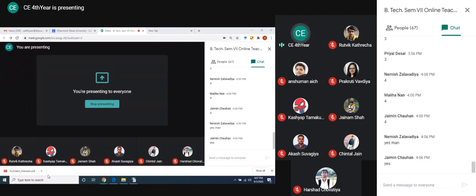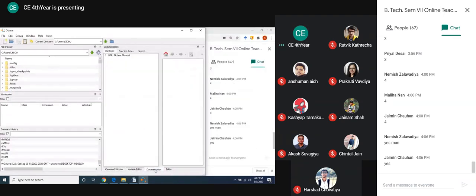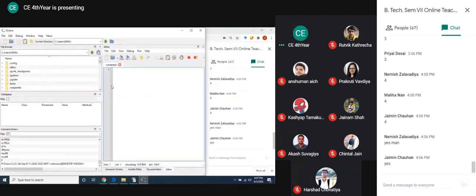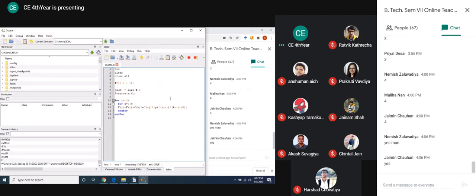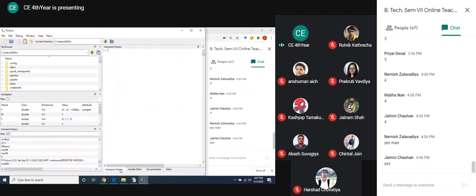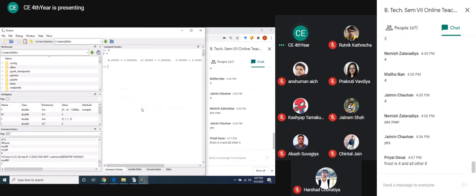In my case, it will take time, but what is the result? The result is capital F. It is 4, 0, 0, and 0. Okay. So here I had 4.